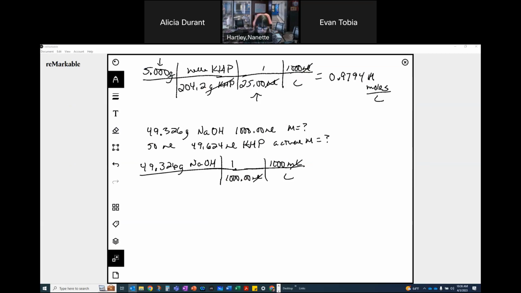Yes. But this would be 49.326 moles per liter. But is it? Oh, how many moles is that? How do I find out how many moles that is?